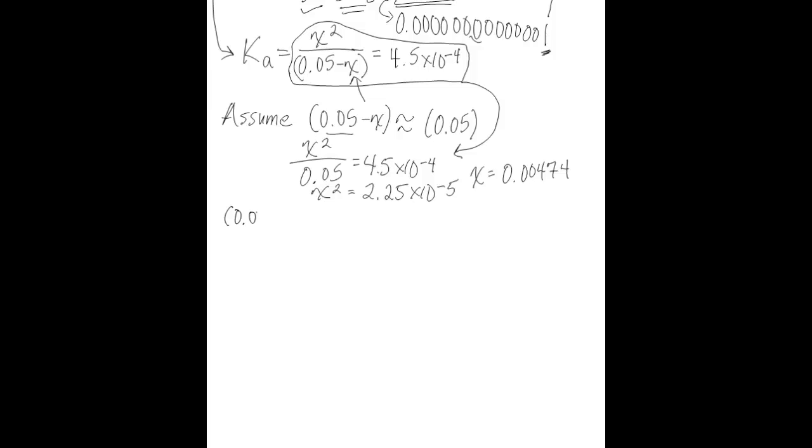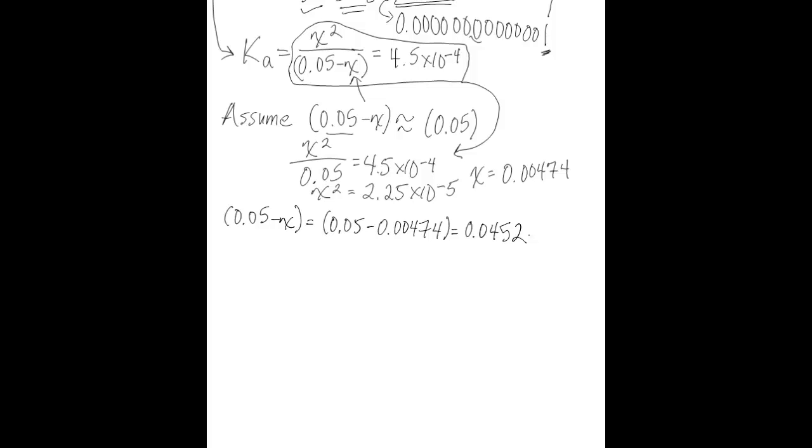We have 0.05 minus X. We found our X value when we make that assumption to be 0.00474. And if we make the subtraction, we get 0.0452.